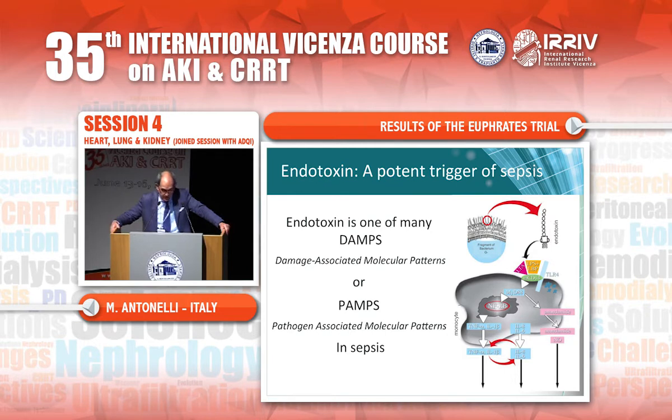But in any case, during sepsis, it has the capability to link the receptor, and then through the signal transducers, including NF-kappa B, translate the signal to the nucleus to produce several mediators that are dangerous and harmful for our organism.